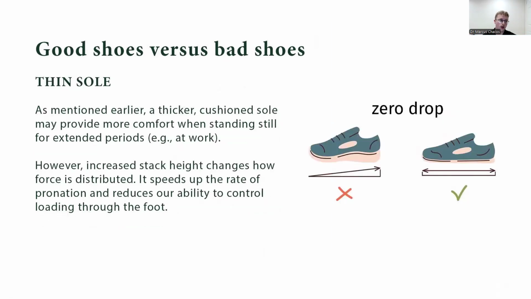So the third thing you need to be looking out for is you want to have thin soles, basically. As mentioned earlier, a thicker cushioned sole may provide more comfort when standing still for extended periods, e.g. at work. However, increased stack height changes how force is distributed. It speeds up the rate of pronation and reduces our ability to control loading through the foot.